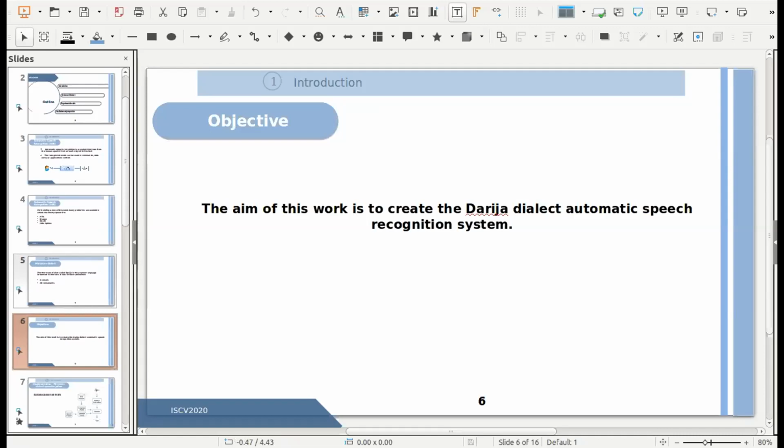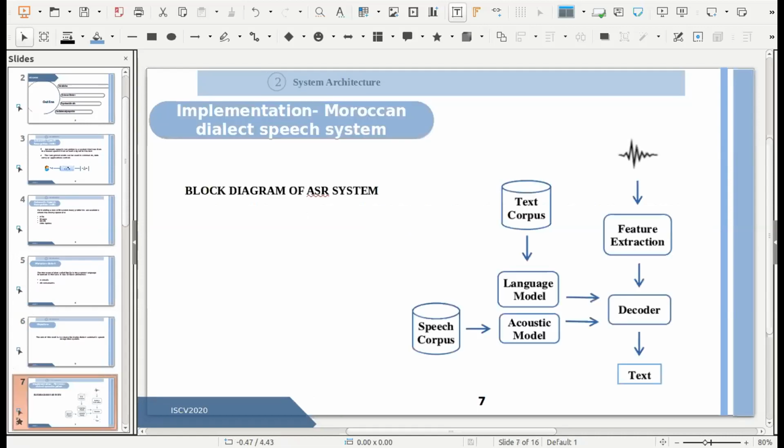Our work will be based on the hidden Markov model, HMM, and Gaussian mixture model combination. The proposed system will be designed using CMU Sphinx. So this part represents our experience building a Moroccan dialect voice recognition system.